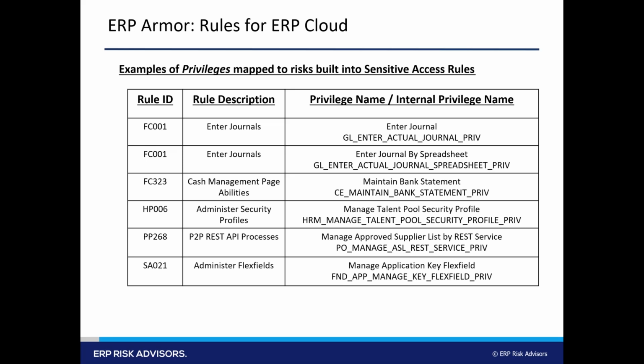And then we also map page abilities as well. Page abilities are what give you access to a form within the application. It doesn't necessarily mean you can transact. You can't always do inserts, updates, or deletes; usually you can't via page ability. Most page abilities are just view-only access to the data. But we do map those to be able to differentiate who has the access in the front end.